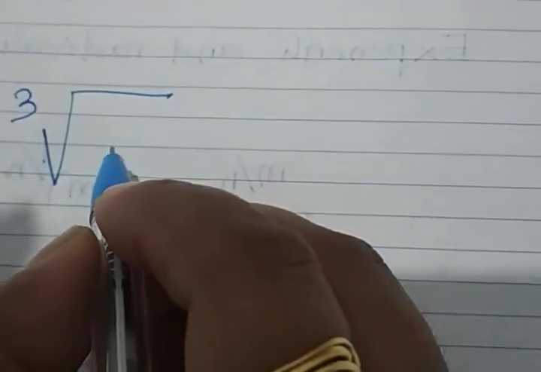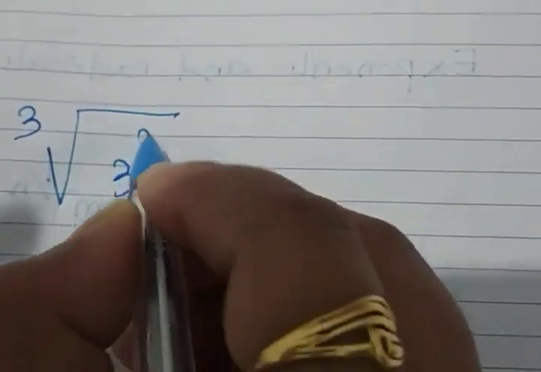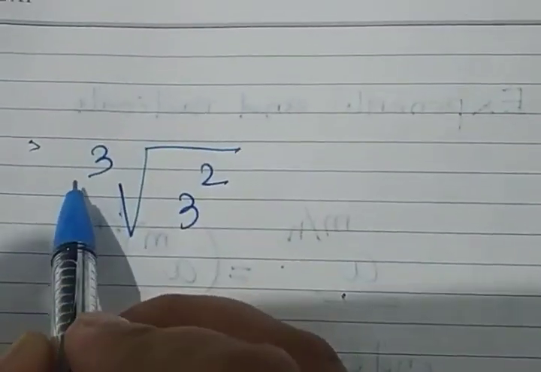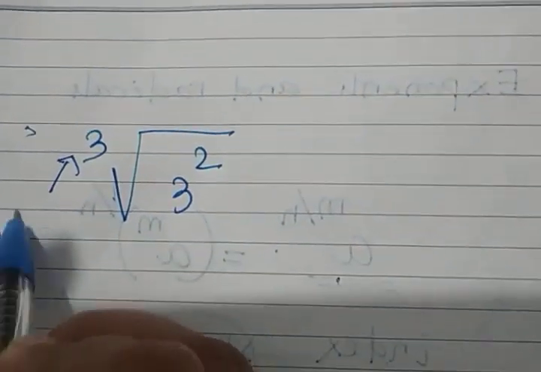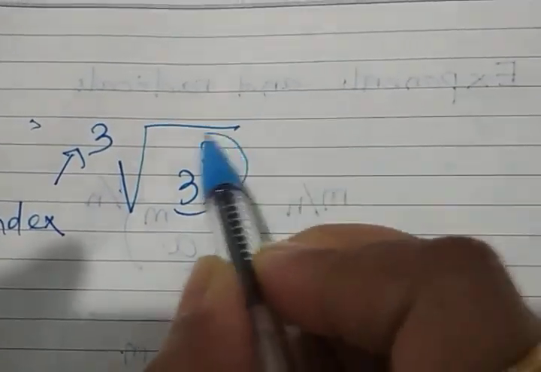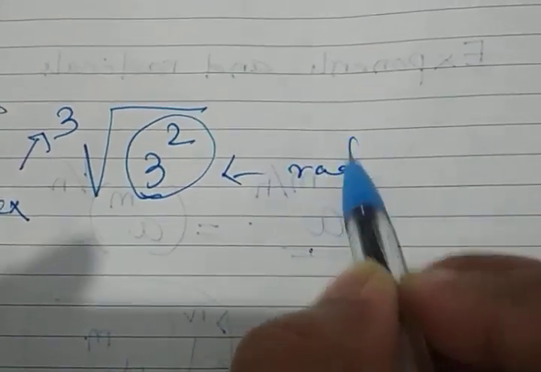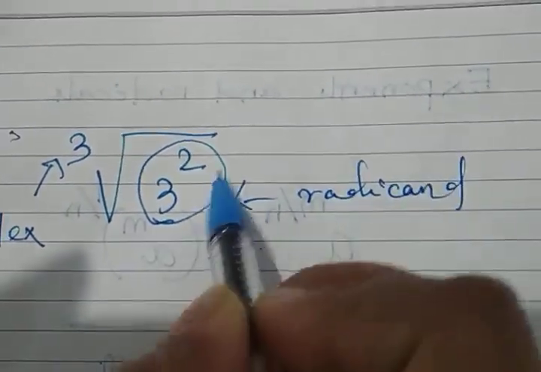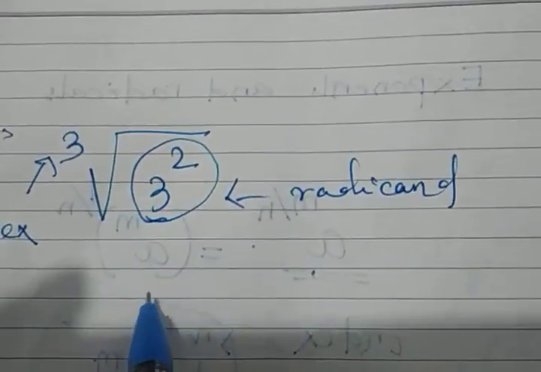Suppose cube root of 3 to the power 2. That means 3 is the index, 3 to the power 2 is the radicand, and the entire term is known as radical.